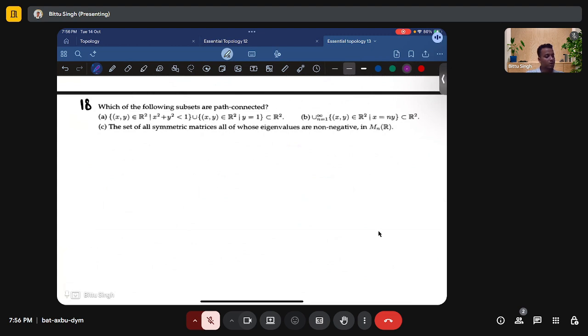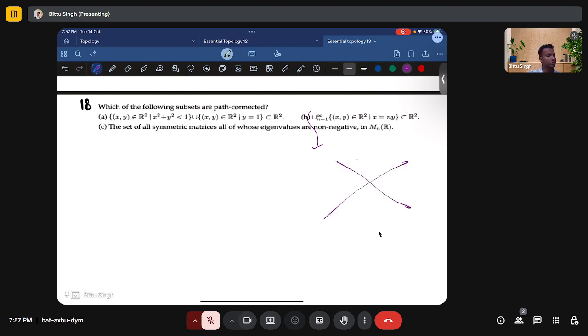Which of the following are path connected? So for B, it will look like this: x equal to n by n.